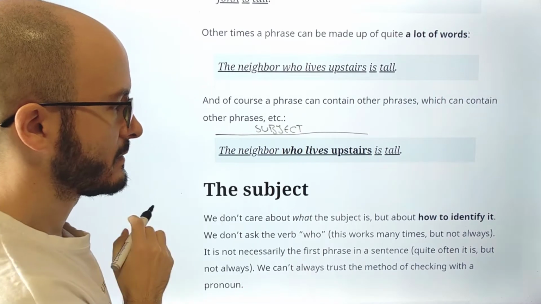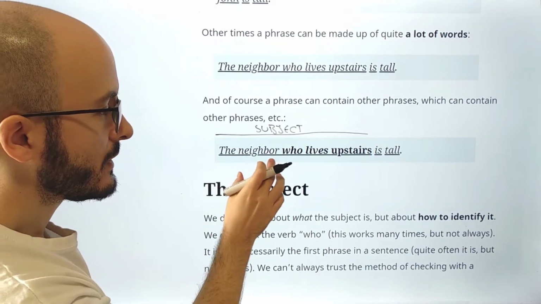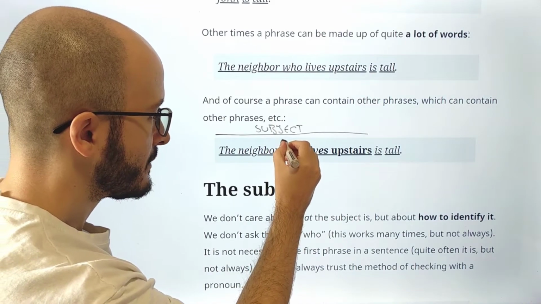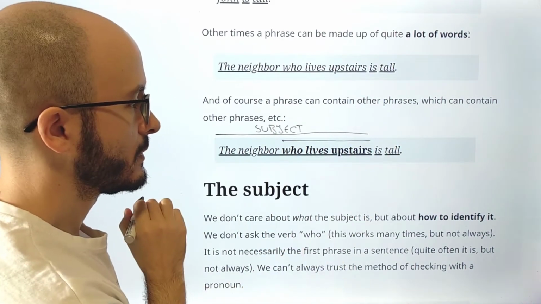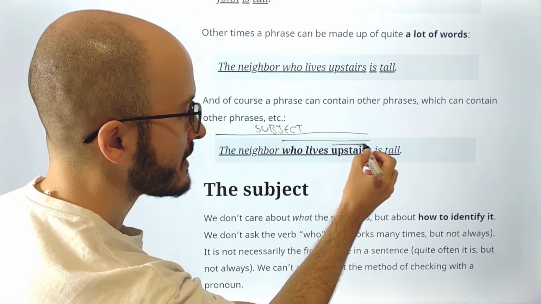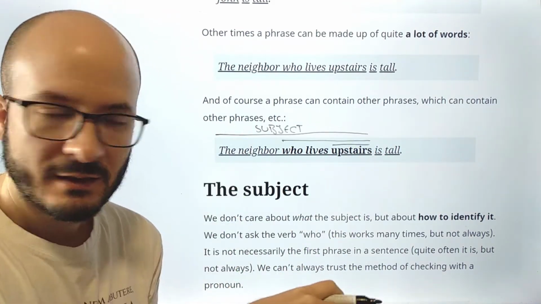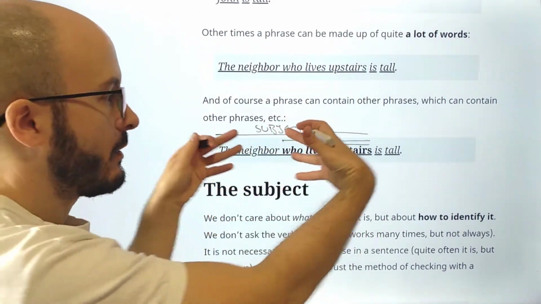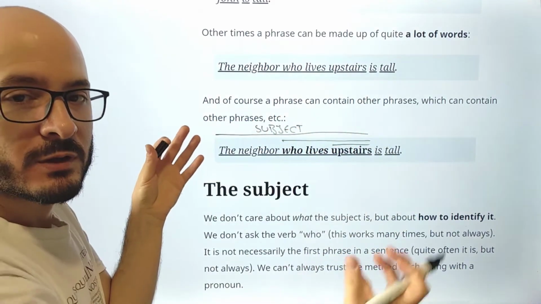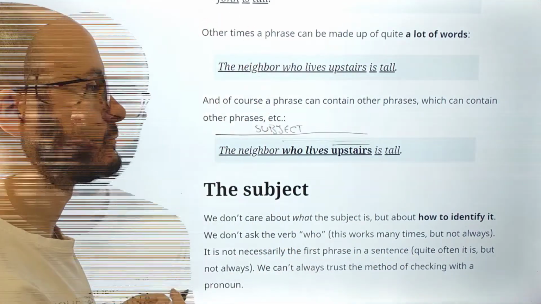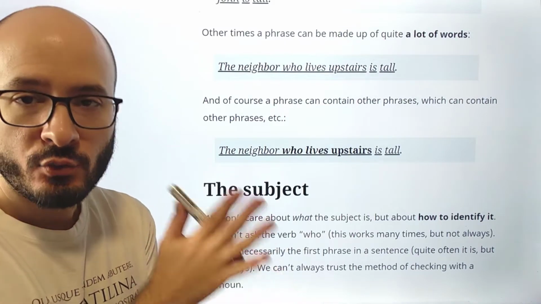This is the subject. But now, inside the subject, there is this other phrase, and then inside this phrase, there is this other phrase, etc. Depending on how long the whole phrase is, you can put other phrases inside the main phrase. Okay? So that's what a phrase is.